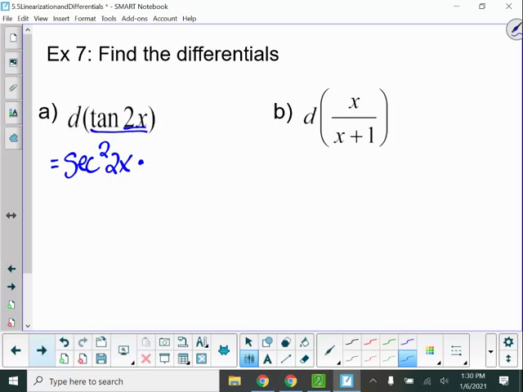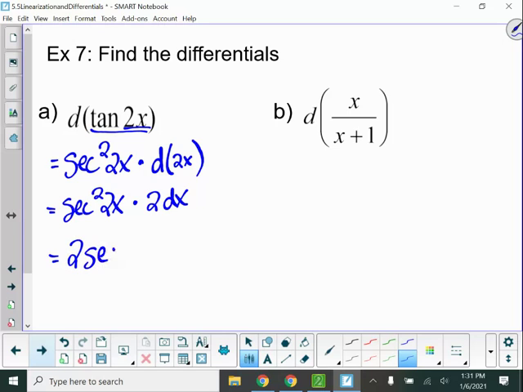Then I have to look at the derivative of the 2x on the inside. Well, the derivative of 2x is going to be 2 dx, because the derivative of 2x is 2, and then you have an x there, so you have to put a dx. So my overall differential is going to be 2 secant squared of 2x dx.